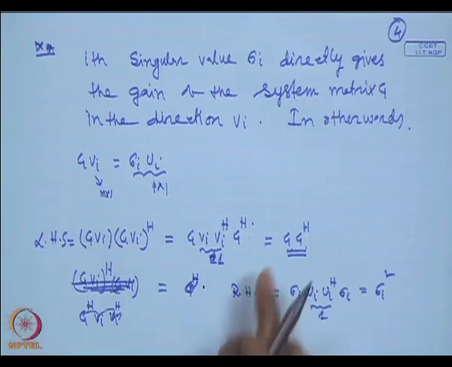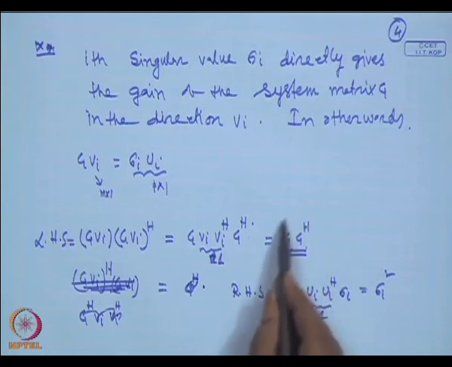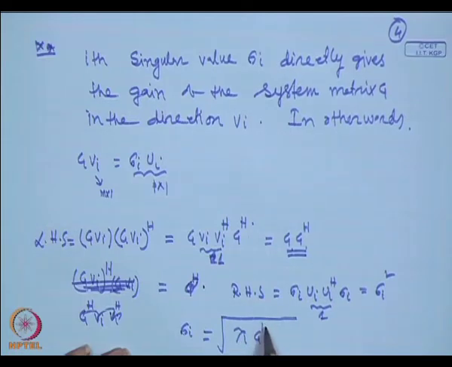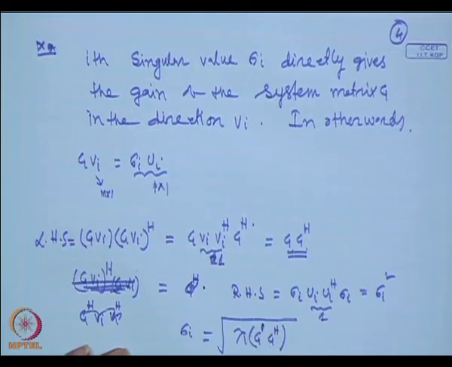So, what we can write for this one is that this quantity sigma_i is equal to the square root of lambda_i of G G^H. So, how are we writing this?